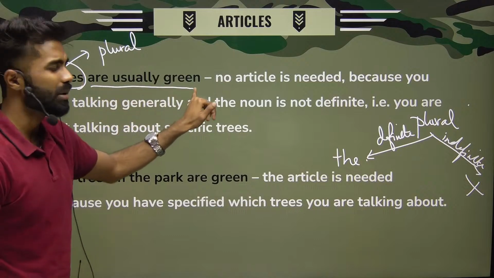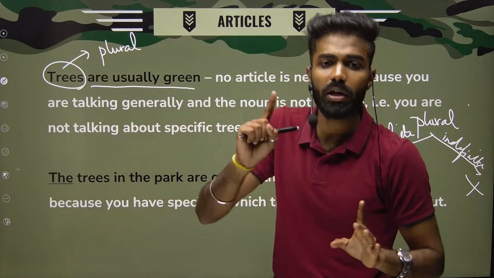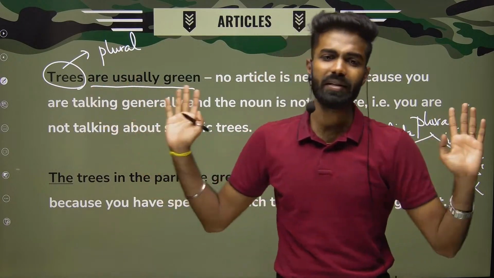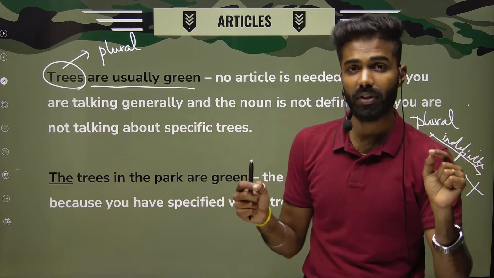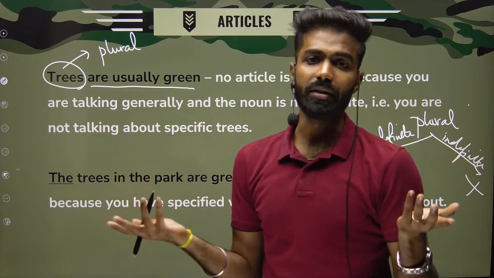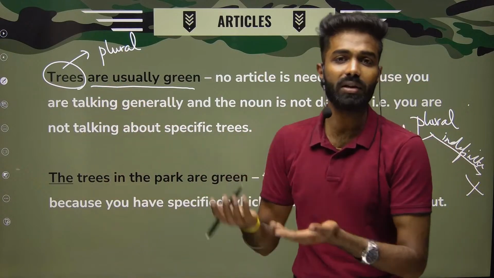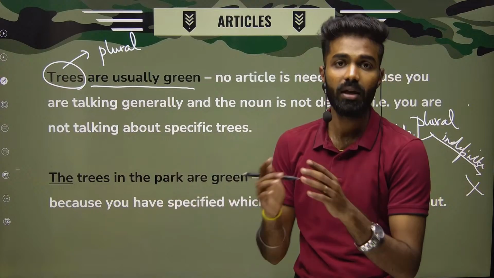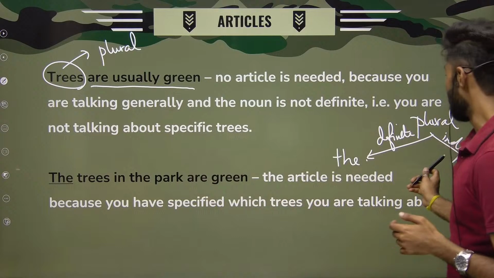Trees are usually green means I'm giving a general detail, okay? Here I'm not specifically talking about one tree. Normally I'm telling trees are general. Here I'm not specifying about one particular tree. So it is not definite. It is indefinite because I'm talking about a general statement. There is no particular or specific detail here. So it is indefinite.